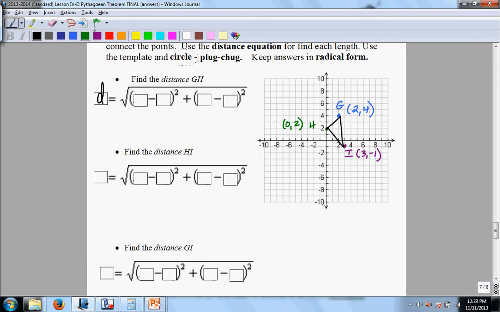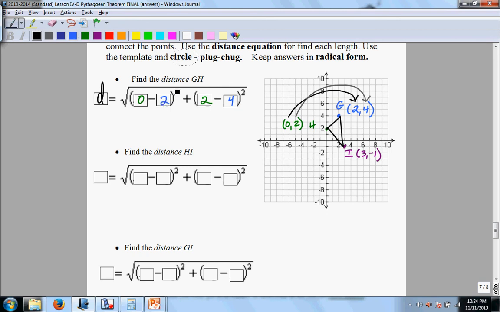we do x minus x. I'm going to go left to right. So from left to right, I'm going to go 0 minus the other 2. Then I go left to right again. Now I do my y coordinates, which is 2 minus 4.